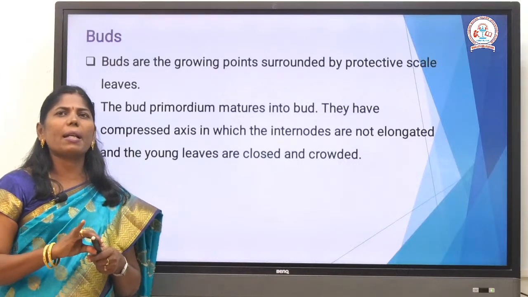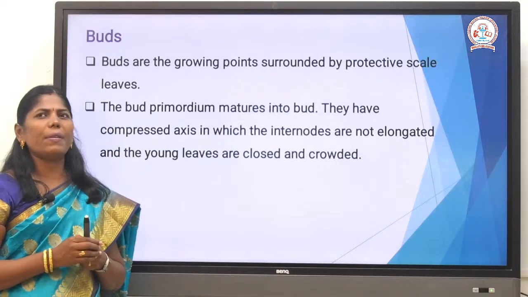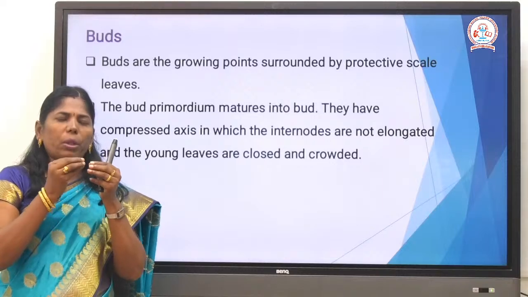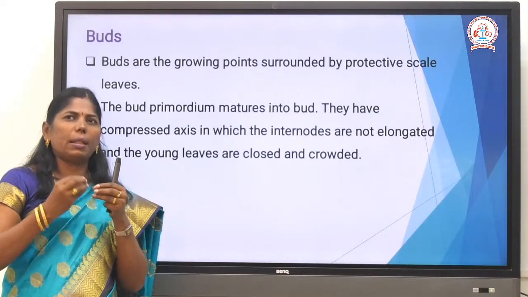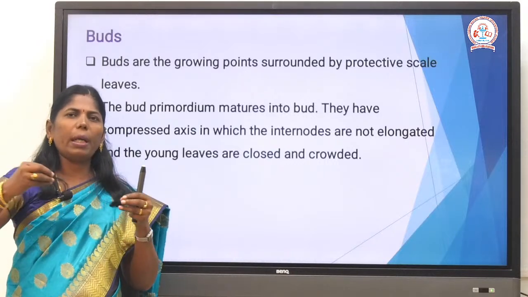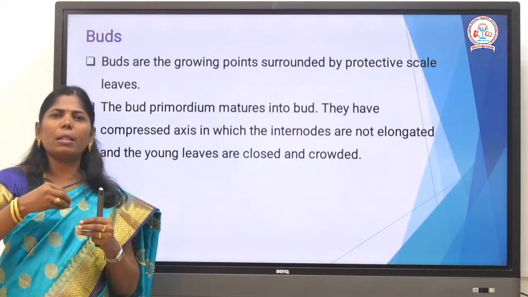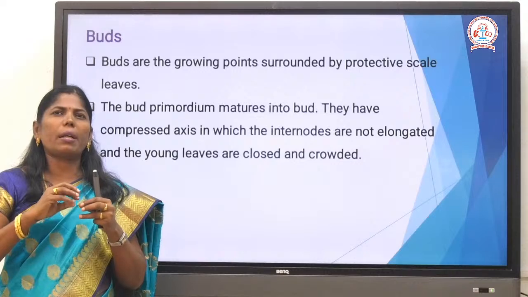So they have a compressed axis in which the internodes are not elongated and the young leaves are closed and crowded. Okay, அங்க என்ன ஆகுதுன்னா அப்படியே அது மூடி போயிருக்கும். The bud is covered with scaly leaves. Okay, so after that cell division it will elongate. From this region we can see the young leaves, and the branches will come. So actually the young leaves are closed and crowded.